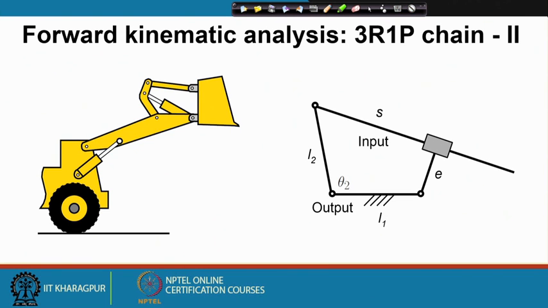This kind of chain is found in a number of applications. Here I have shown you one application. You can see this 3R1P chain or even this 3R1P chain which corresponds to this chain of type 2.